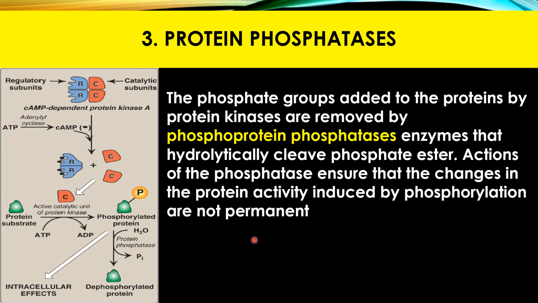So the phosphorylated protein here is not permanent, because in the presence of the signal it is phosphorylated and has an intracellular effect. But after dephosphorylation, because of protein phosphatase, it will become ineffective again, or you can say the signal has been removed and the cell has no intracellular effect right now.